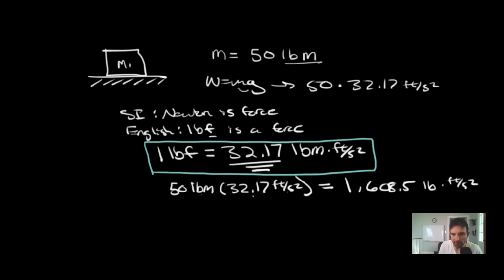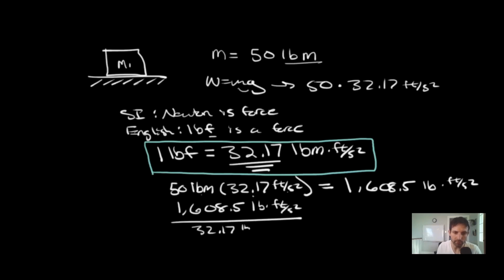So we want to know how many 32.17s are in this to know how many pound forces there are, right? So what we do is we have to say 1,608.5 pound mass times feet per second squared divided by 32.17 pound mass feet per second squared. Now that equals, I'm sure you already know, divide that by 50.